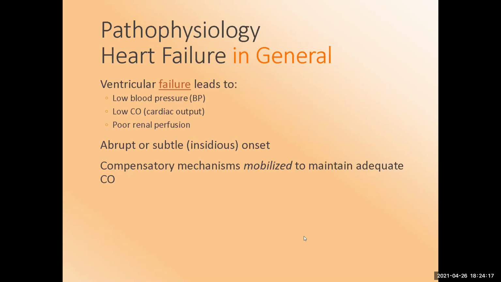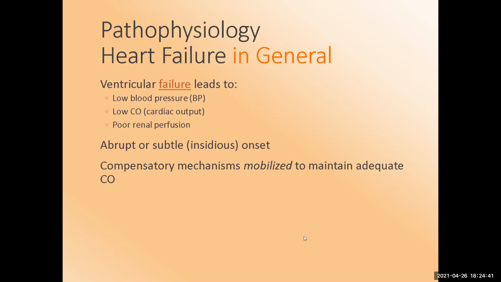So in general, heart failure has to do with ventricular failure, which leads to low blood pressure, which leads to low cardiac output, which leads to poor renal perfusion. And then that sets you up for a whole other set of problems. It can be abrupt or it can be slow onset.